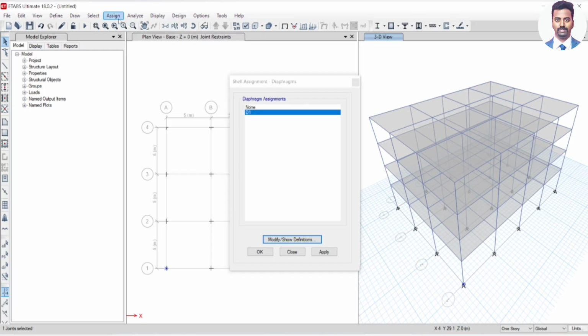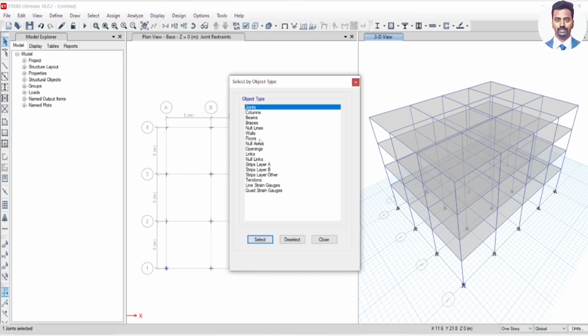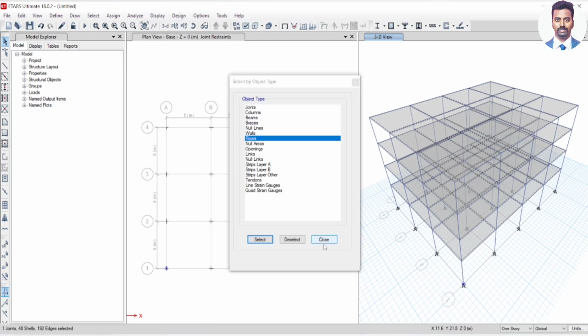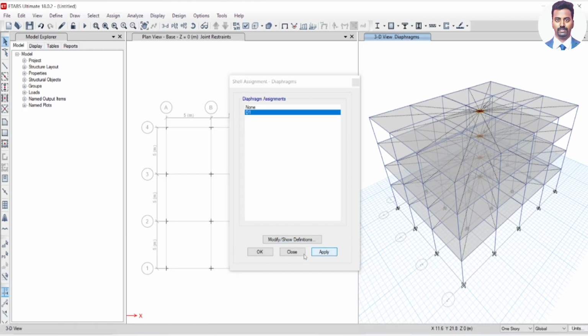Here let us assign. Let us select all the floors and apply this.